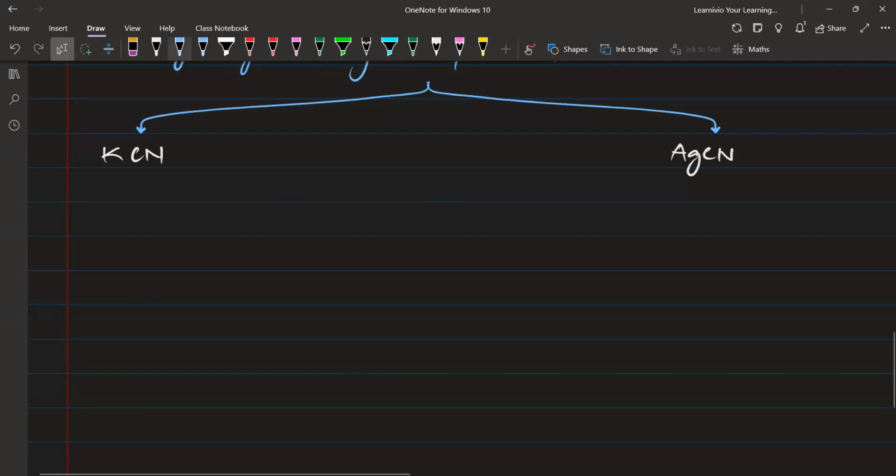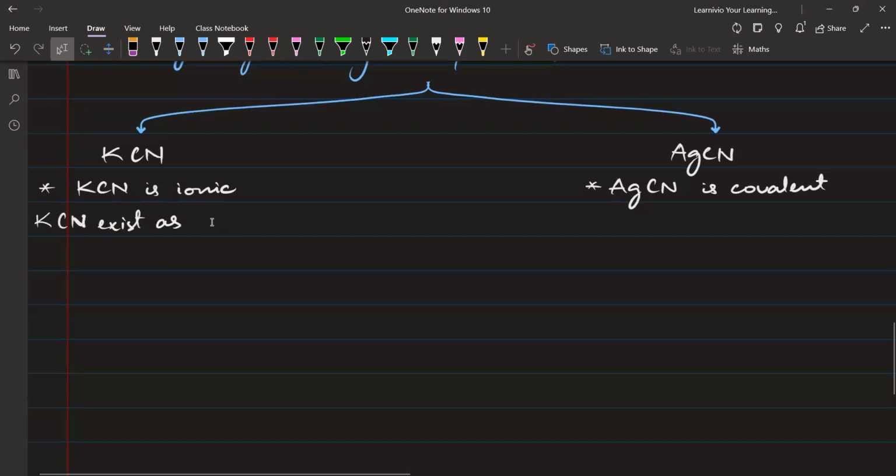तो मेन इंपॉर्टेंट पॉइंट जो यहाँ पे आपको याद रखना है is that KCN is ionic, but AgCN is covalent. KCN, since it is ionic, exists as K positive and CN negative, where carbon triple bond nitrogen.